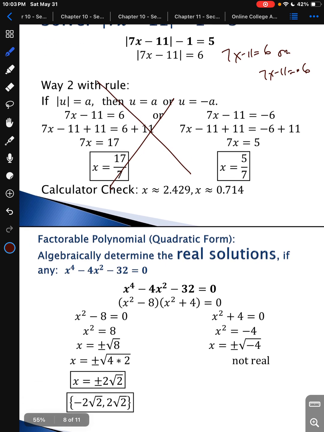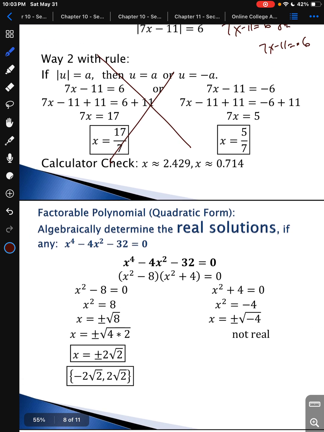Now, factorable polynomials. This time you're going to need to think. The key to these is, remember, x to the fourth is equal to x squared times x squared. That's the little trick here. You have to understand that x squared times x squared is x to the fourth.